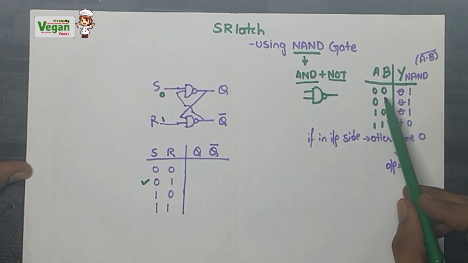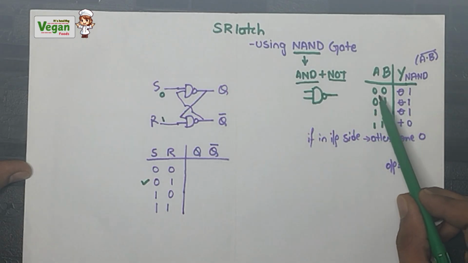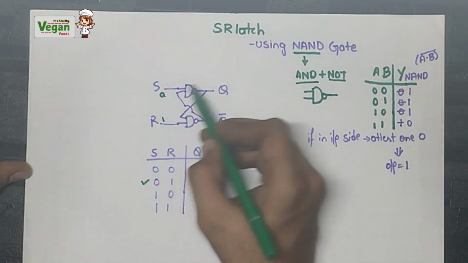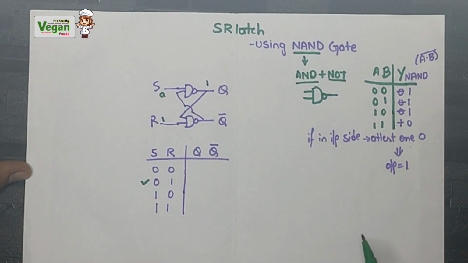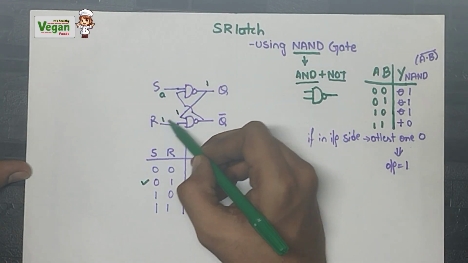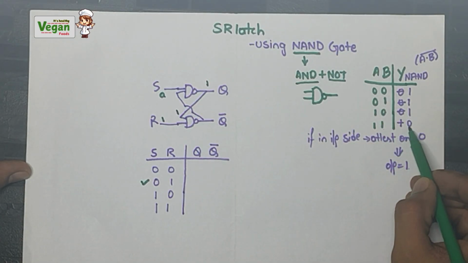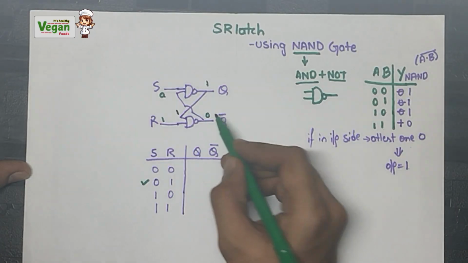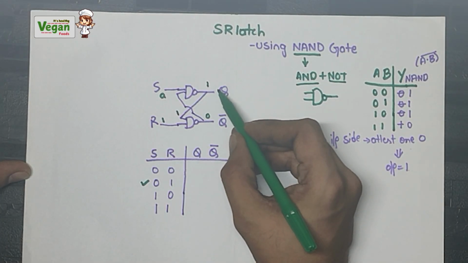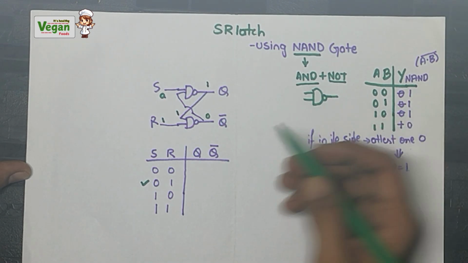I already said that if at least one 0 is on the input side, the output will be 1. This output acts as an input right here, so 1 and 1, and if both are 1, the output will be 0. The two outputs Q and Q bar are complements of each other, that is, Q is 1 and Q bar is 0.